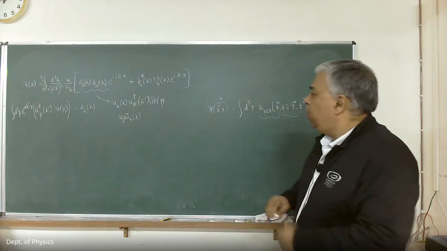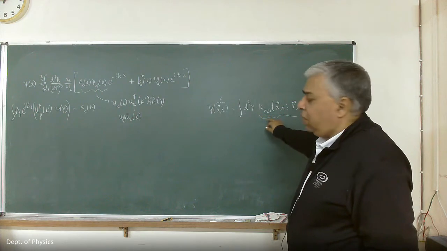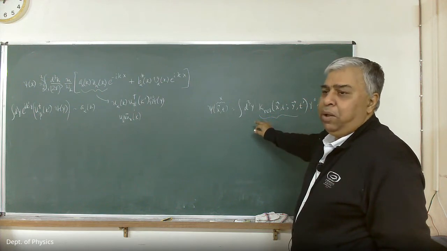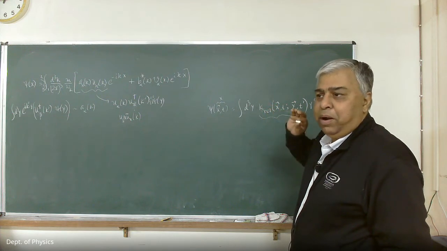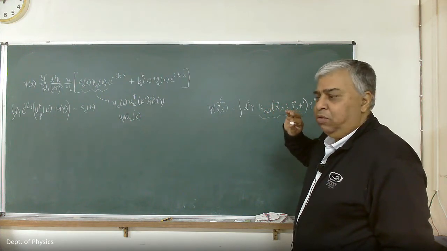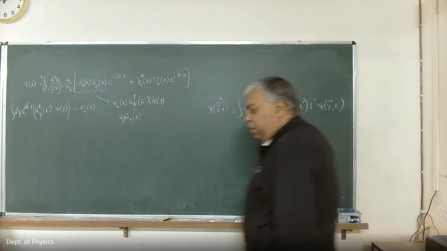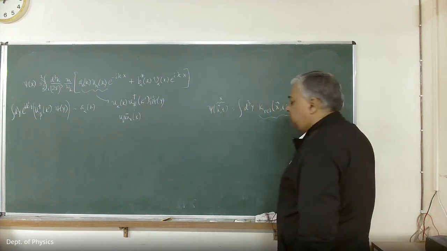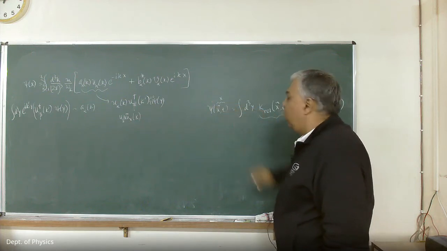The retarded propagator that I did first is actually a very naive way of doing it. That's why I later started discussing the Feynman propagator. In the Feynman propagator, I will take care of this by inserting a delta function. That's what I am going to do now.